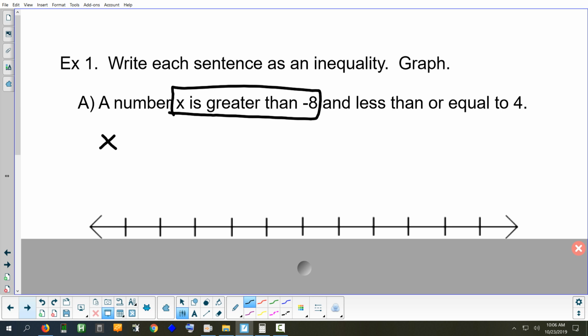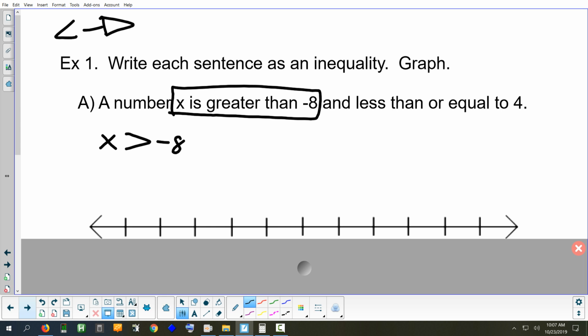Which way? It'd be that way. So which one of these is greater than? This one or that one? The second one. So it's pointing to the right. If you think of it like an arrow, it's pointing to the right.